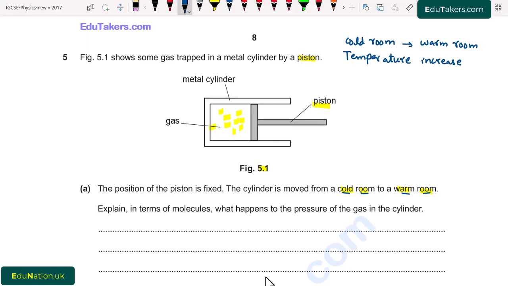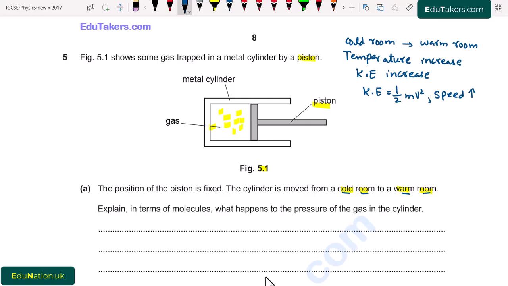Temperature is directly proportional to the average kinetic energy, so the kinetic energy also increases, and kinetic energy is equal to half mv squared, due to which the speed of molecules increases.